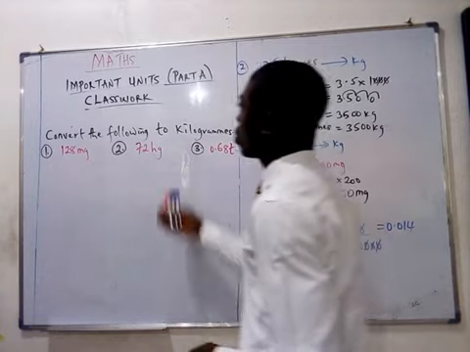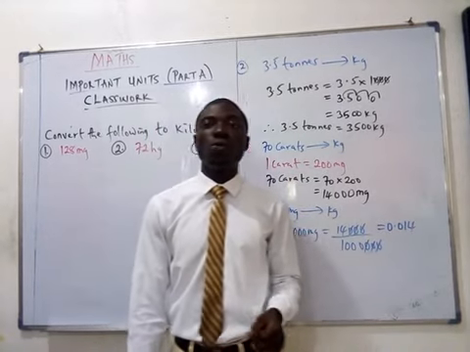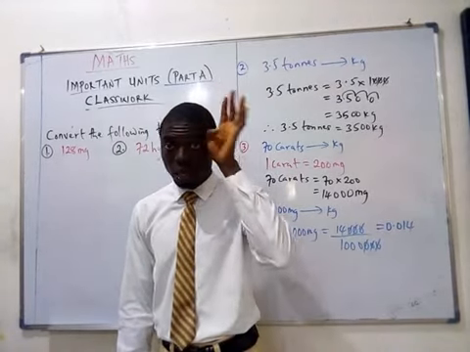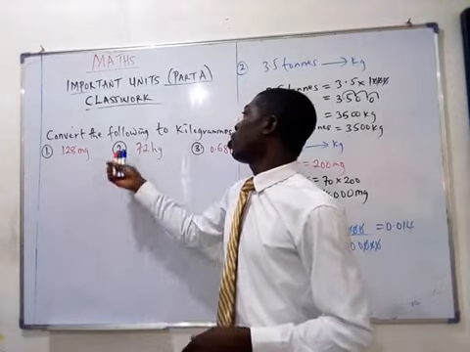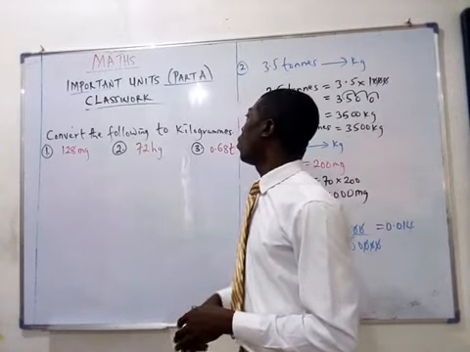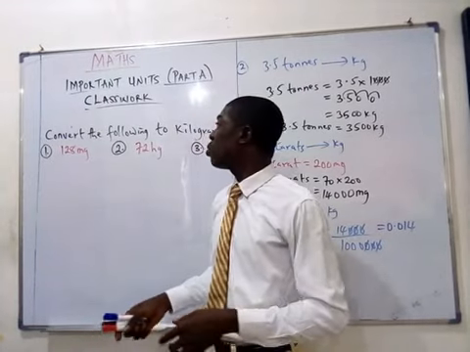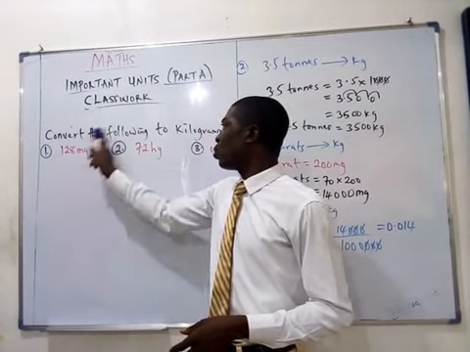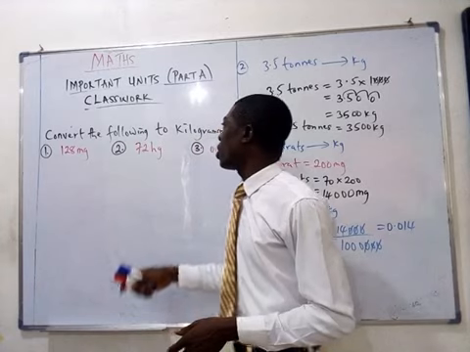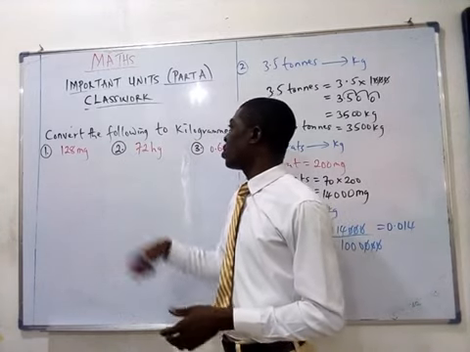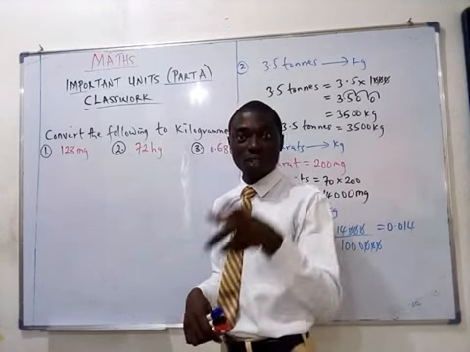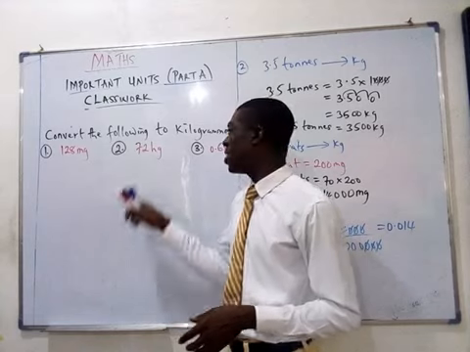All right, this is the classwork for you from the calculation we just did together. The question says convert the following to kilograms. Number one, you have to convert 128 milligrams to kilograms. Number two, you have to convert 72 Hg. What is the meaning of Hg again? Okay, it's hectogram, right?